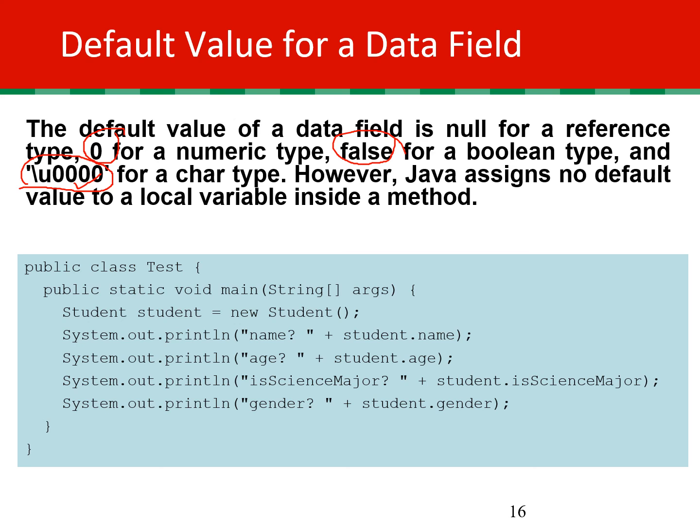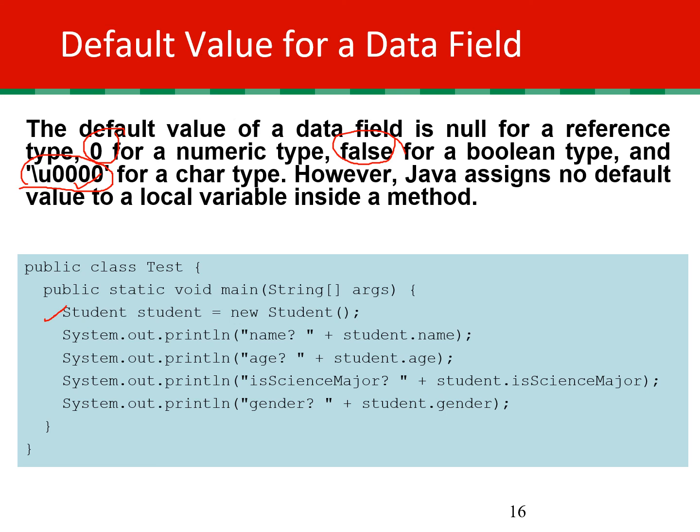However, Java assigns no default value to a local variable inside a method. For example, you create a class called student. If you still remember, our student class does not have any constructor, right? So in here you call new student. This is the no-argument constructor.